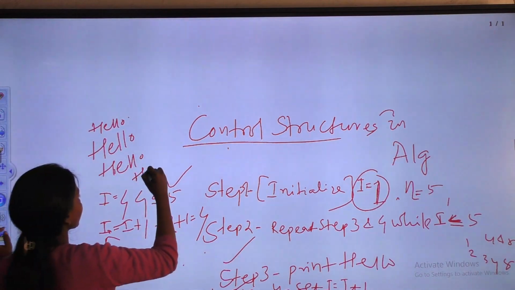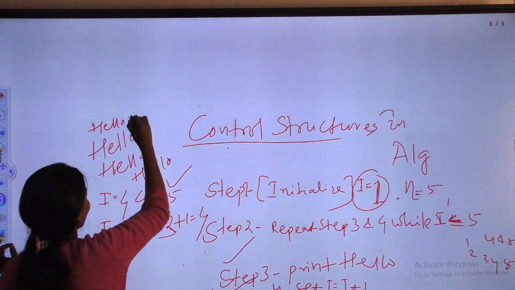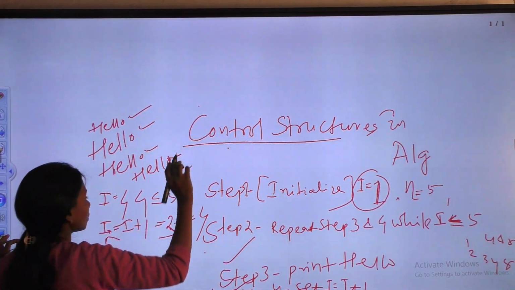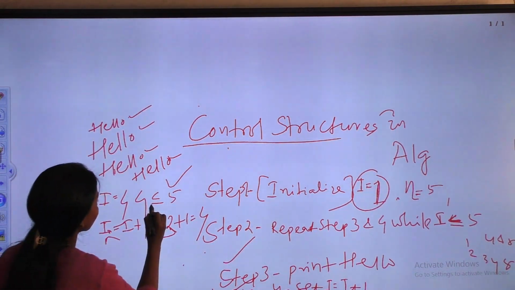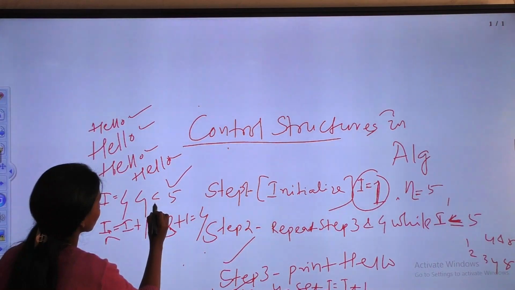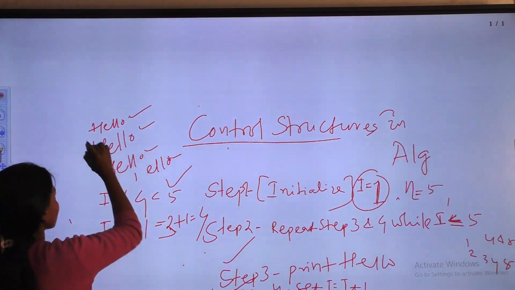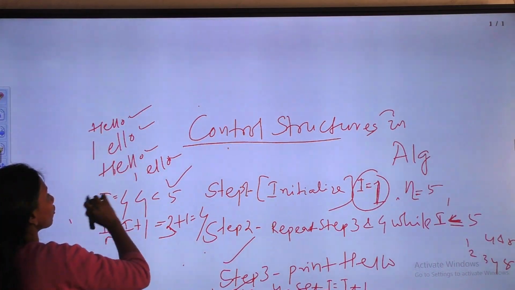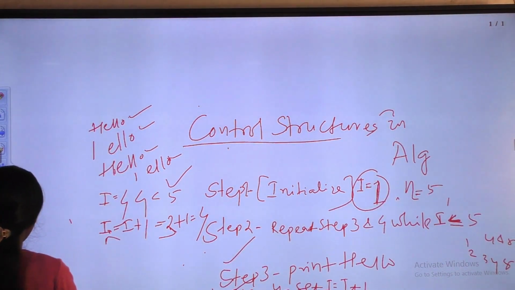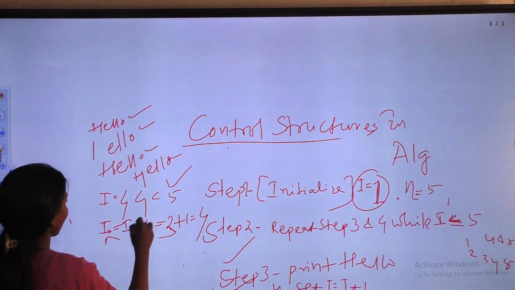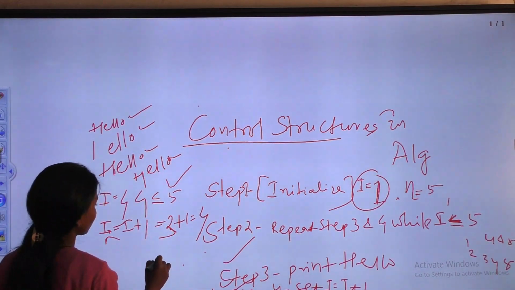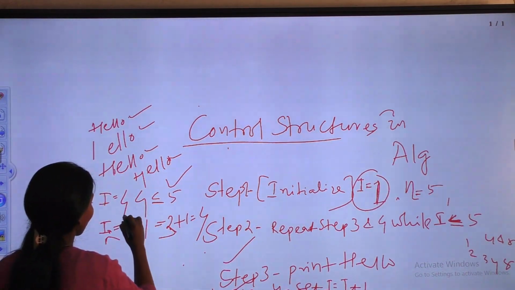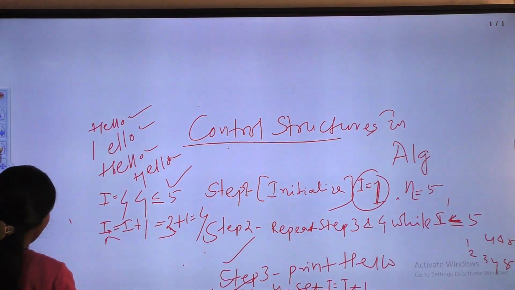Then it will print hello again. So 4 times: 1, 2, 3, 4. But if I do not put this equal to symbol, then it will stop here, meaning it will print hello only 4 times. For that reason I am writing less than or equal to.